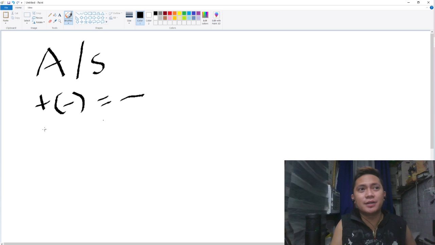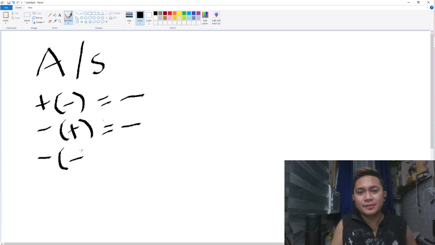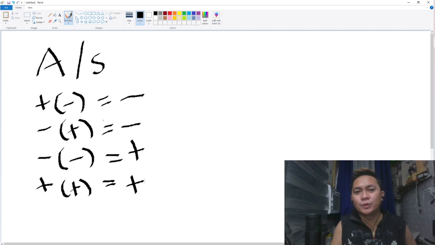So if also negative nagtabi sa positive, okay, so equate natin as minus. If negative nagtabi sa negative, it will become positive. And another one is positive nagtabi sa positive, then that will be equal to positive.